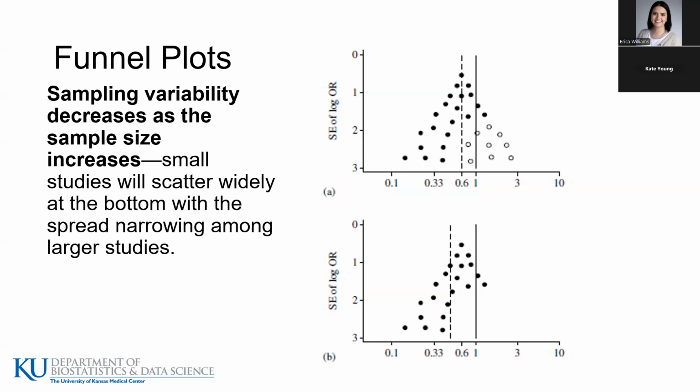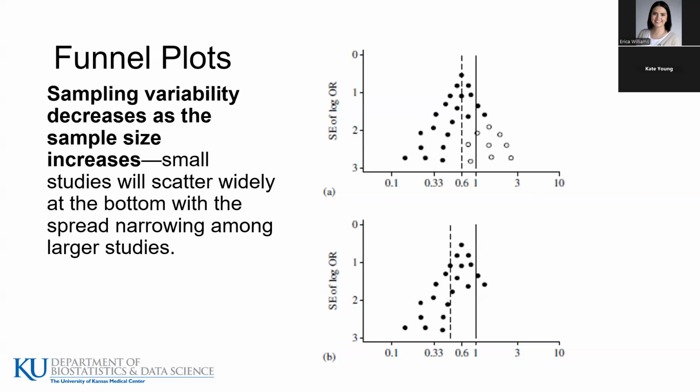The way that you would create a funnel plot is by plotting, on the x-axis, some estimate of the treatment effect or the outcome measurement. So in this case, it's the odds ratio. That's on the x-axis, and then on the y-axis, we have some measure of the sampling variability. So here it's the standard error of the log odds ratio.